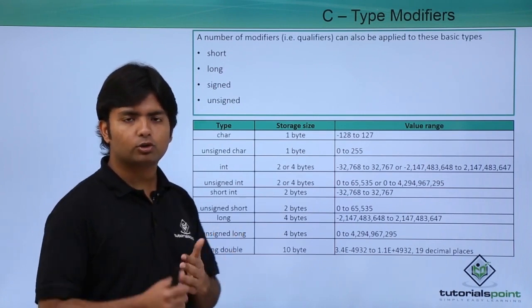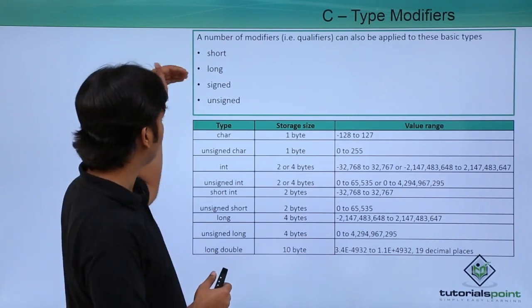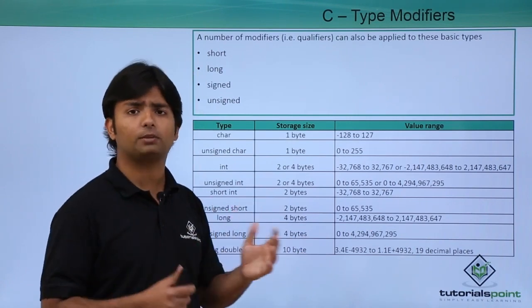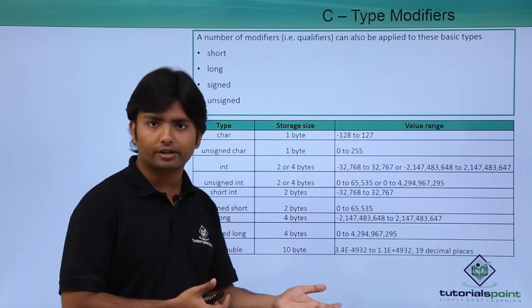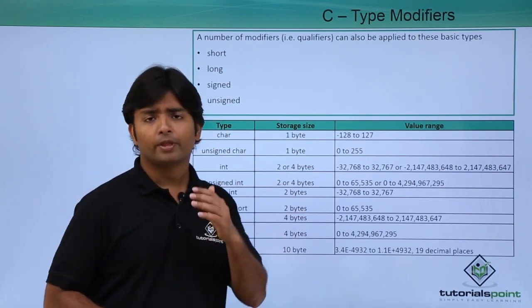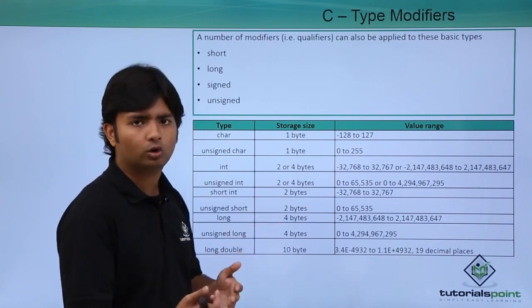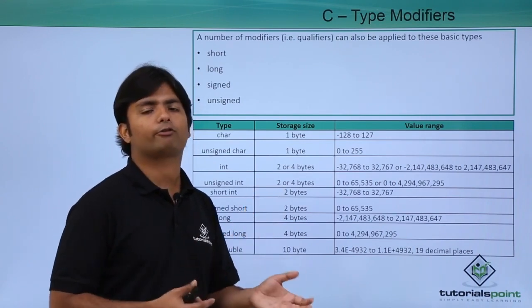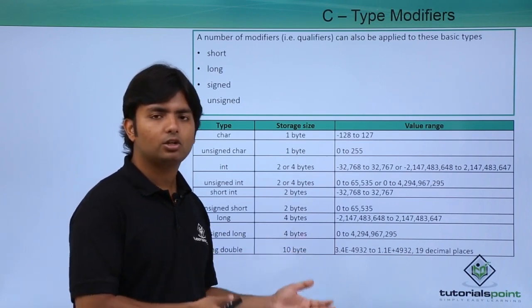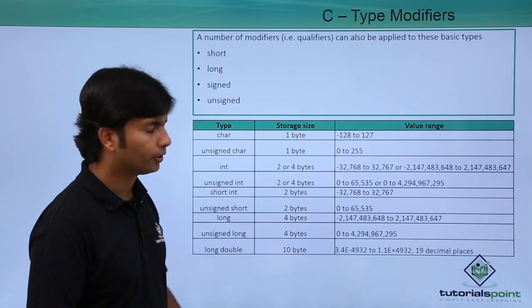If you want to take both signed and unsigned values, then you will go for signed. But in case you are only looking for positive numbers, meaning no minus sign would be there, then you can make it unsigned. Similarly, there are 2 flavors for any data type, short or long. Obviously, the limit of long will be more than short, and the size will also be more in the case of long.